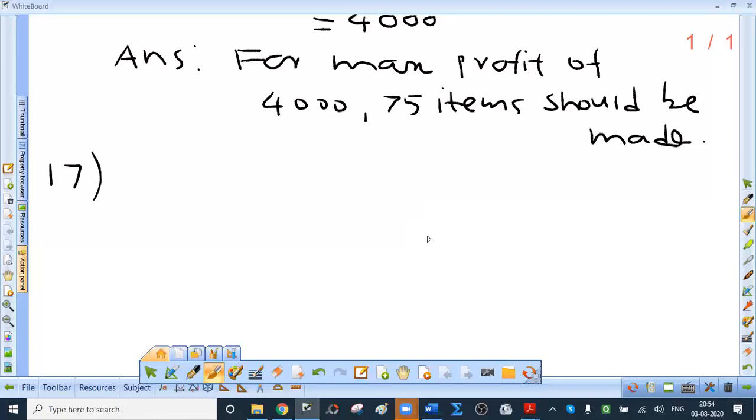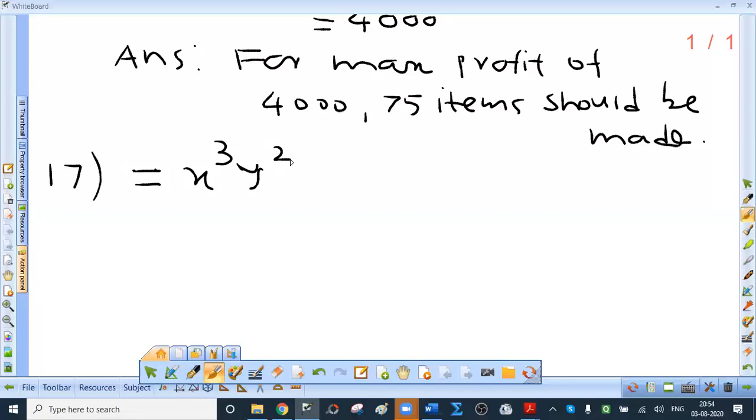Therefore, required product equal to, see what I'm writing. I'm saying required product is x cube y square. See, I have just said one number and second number.